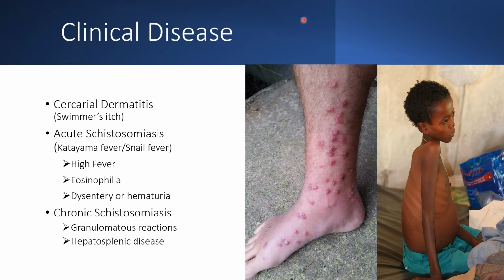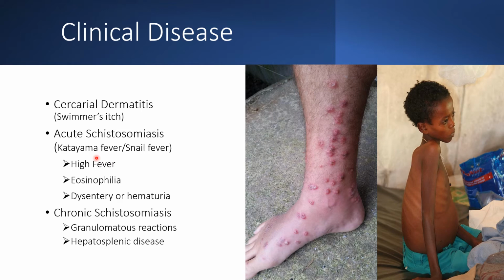Next, we have acute schistosomiasis, which is known as Katayama fever or snail fever. It is associated with heavy primary infection, so it depends on the number of cercariae that infected the human host.